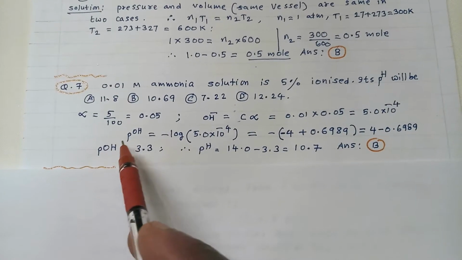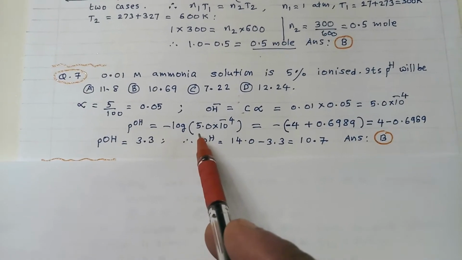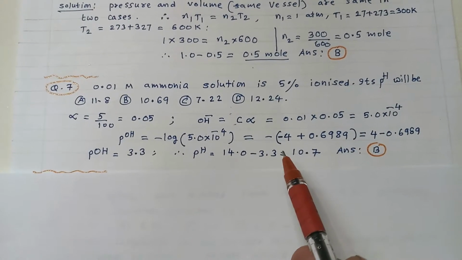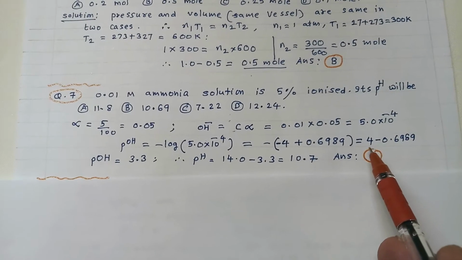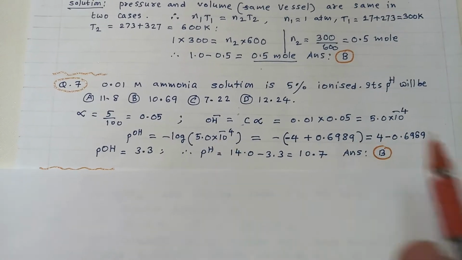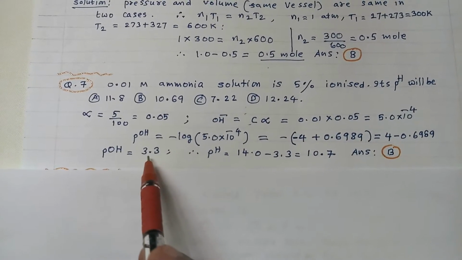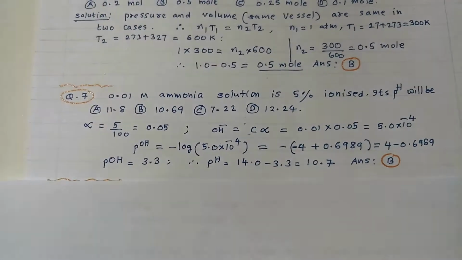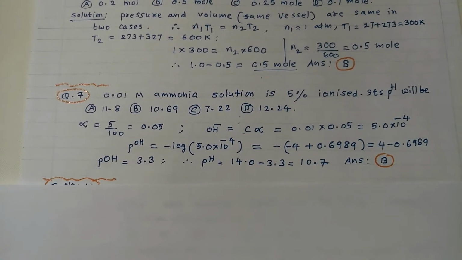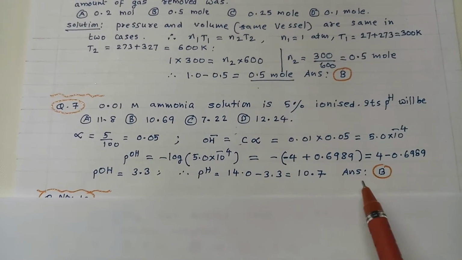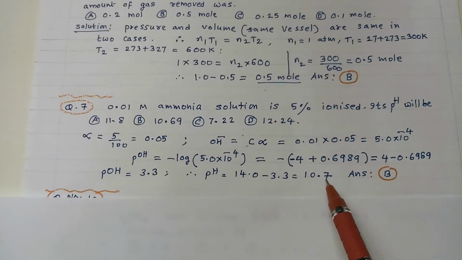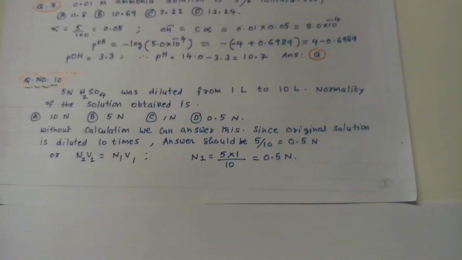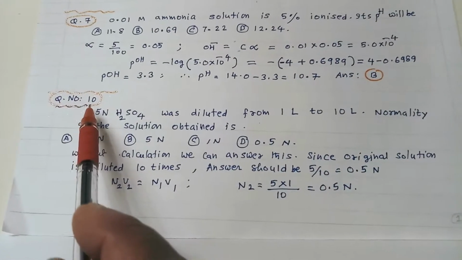So pOH is equal to minus log of 5 into 10 to the power of minus 4, which is 4 minus 0.6989. If you solve it, pOH will be 3.3, but he has asked for pH, so we have to deduct it from 14. So 14 minus 3.3 is 10.7. Answer is B.